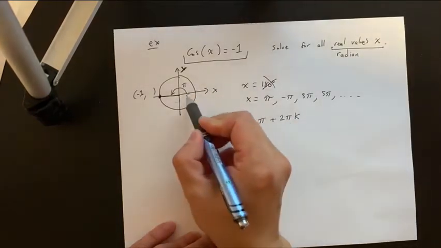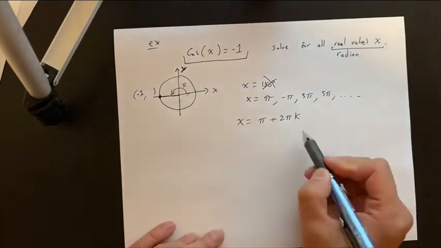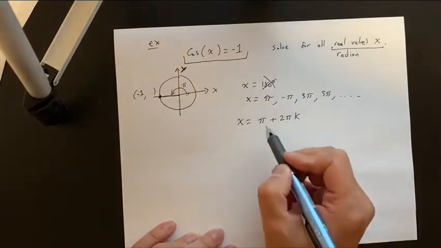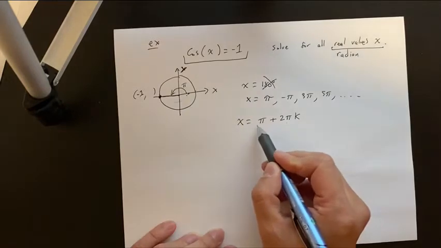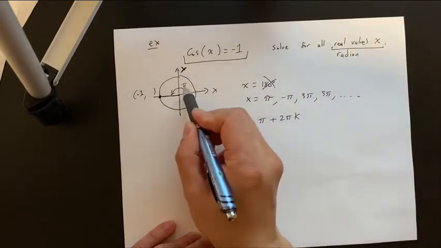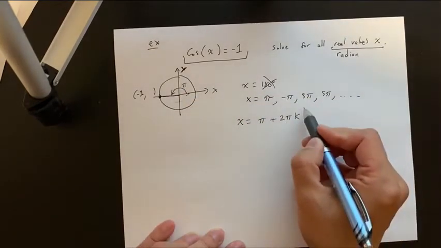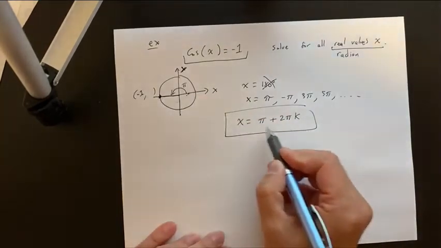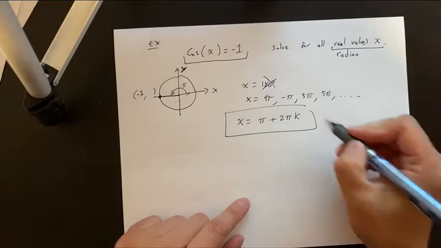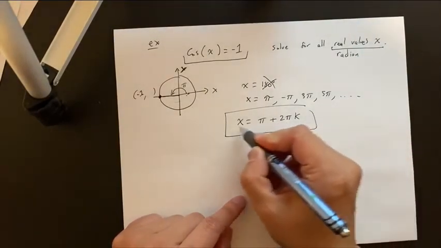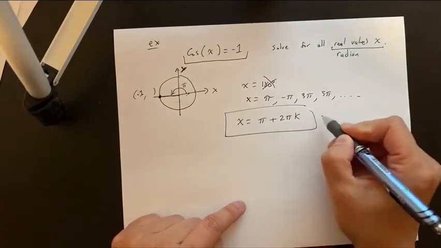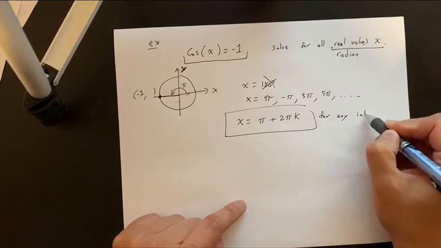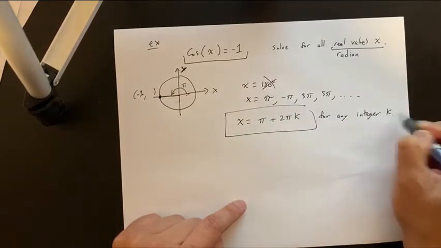But in radians, to go around the circle, that's 2 pi. So adding or subtracting a multiple of 2 pi will give you another coterminal angle to this angle pi. And that is it. There is only one unique solution, so that's it. And you would say x is equal to pi plus 2 pi k for any integer value k.